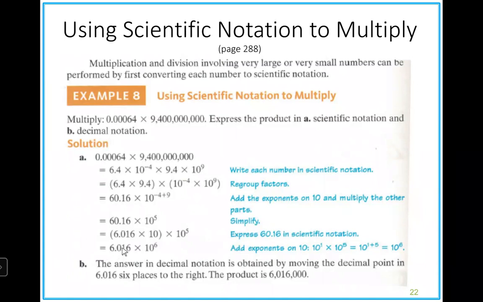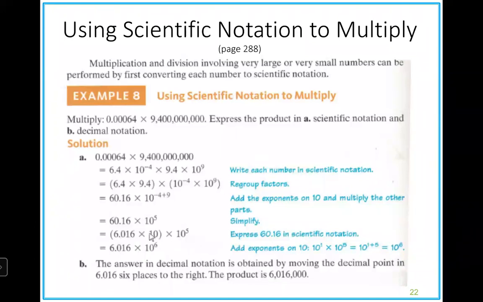That's 1, 2, 3, and then you add 3 zeros to get the next 3 places. That's how they got the answer here: 6,016,000 is your answer in decimal notation. So you have the answer in scientific notation, and you also have it in decimal notation.